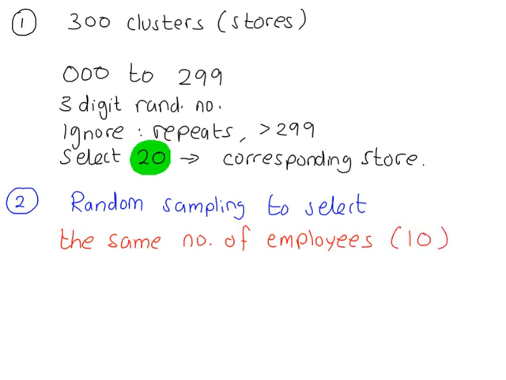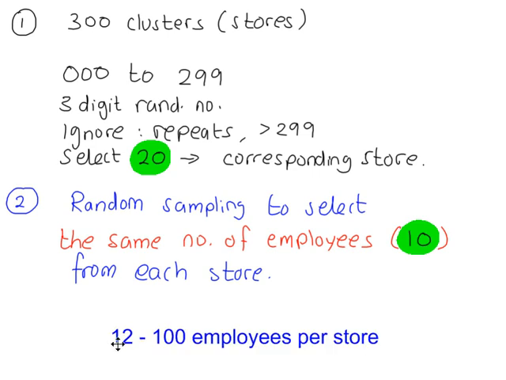Yeah, the same number of employees from each store. Because there's 20 stores, if we select 10 from each, 20 times 10 is 200. That's the sample size that we're looking for.